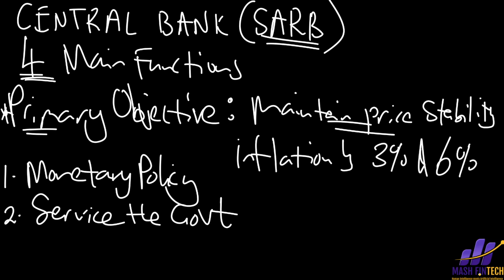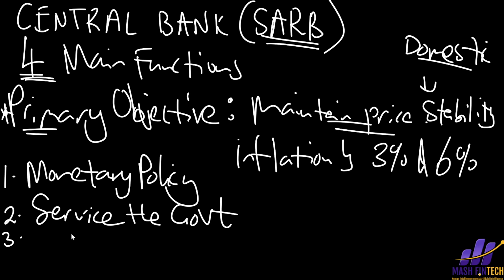They can increase or reduce the supply of foreign currency in the market to influence the value of the rand, which is the external value. There's a difference between price stability, which is the internal, the domestic value of the currency, and the exchange rate policy, which is the value of the currency in relation to other currencies.